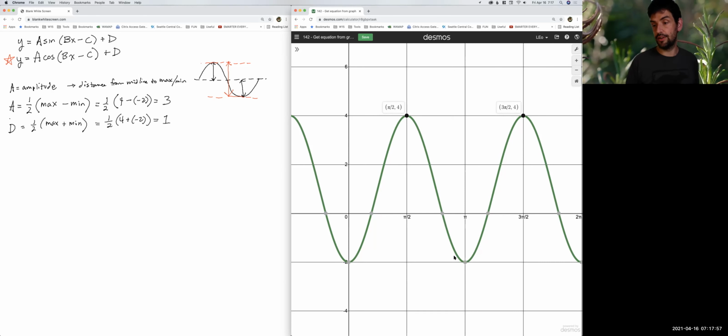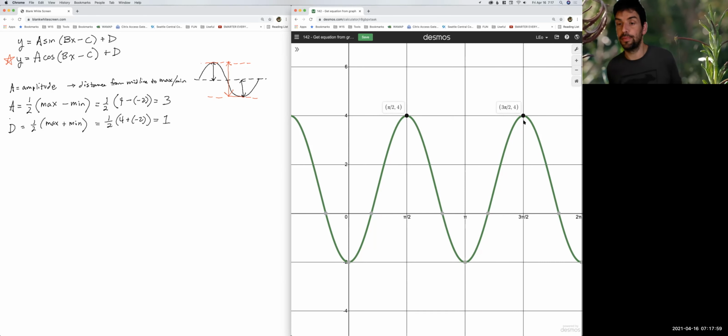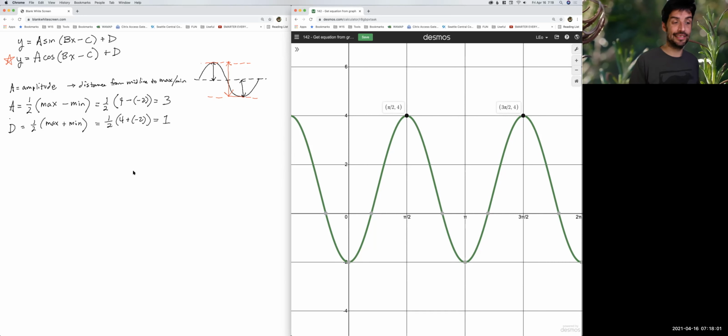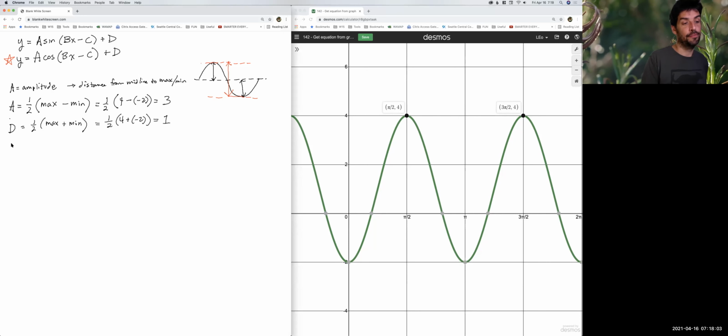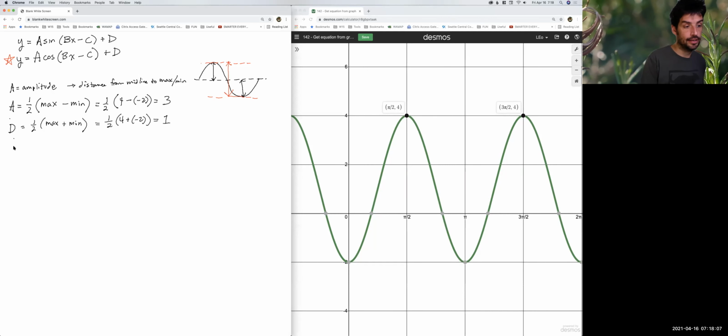We go all the way down and back up to where we started, to 3 pi over 2. That took us a distance of pi, right? There's pi. So our period is equal to pi.